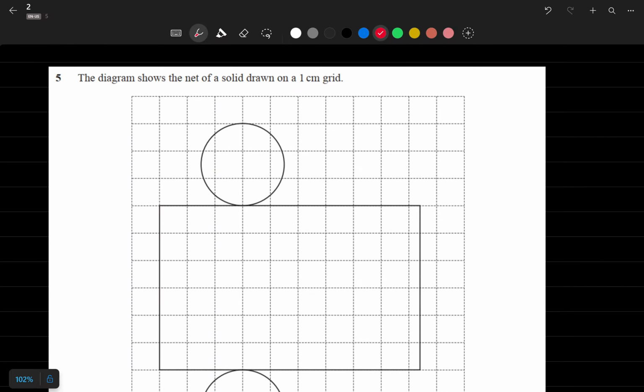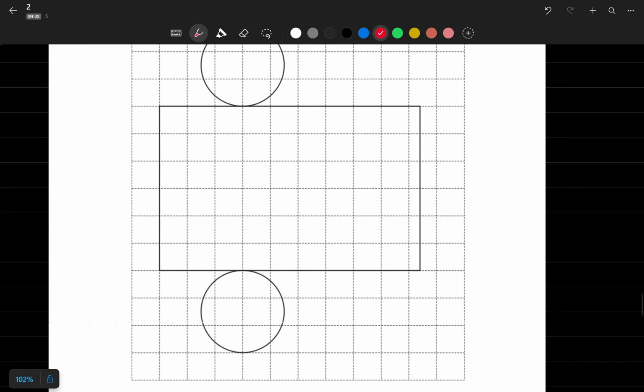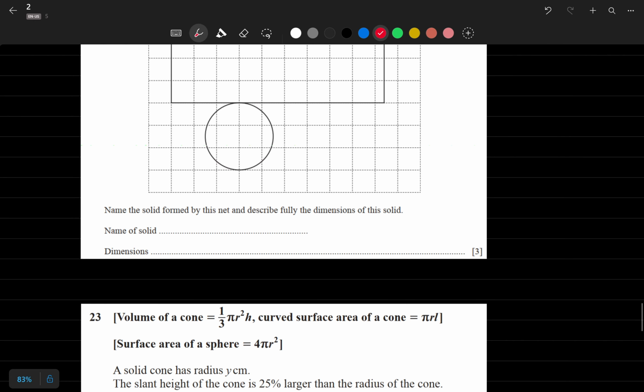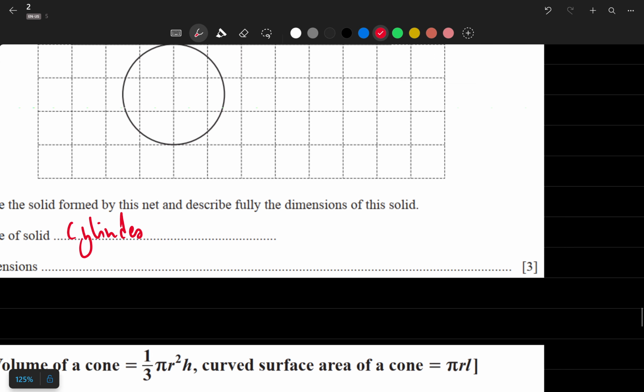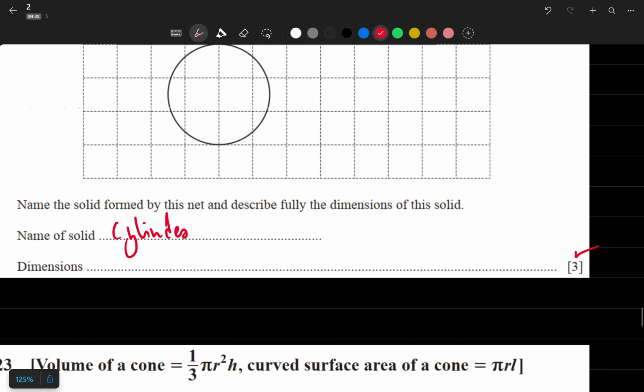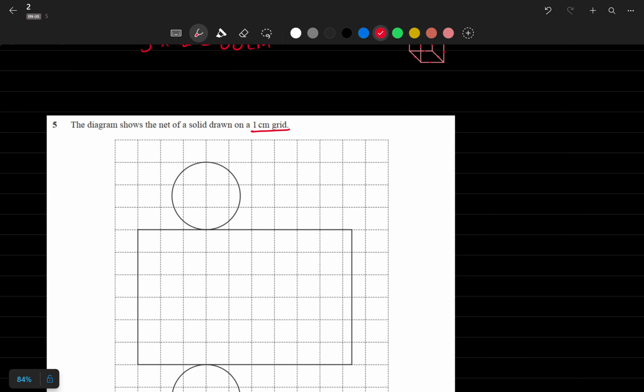Moving on, the diagram shows a net of a solid drawn on a 1 centimeter grid. Name the solid formed by this net and describe fully the dimensions of this solid. Okay, so by looking at it, you can simply tell that this is a cylinder. Now, out of 3, you gained 1 mark for just naming the shape. Now for the dimensions, you can see it is a 1 centimeter grid, which means each 1 by 1 piece is 1 centimeter by 1 centimeter. So each of these lengths is equal to 1 centimeter.